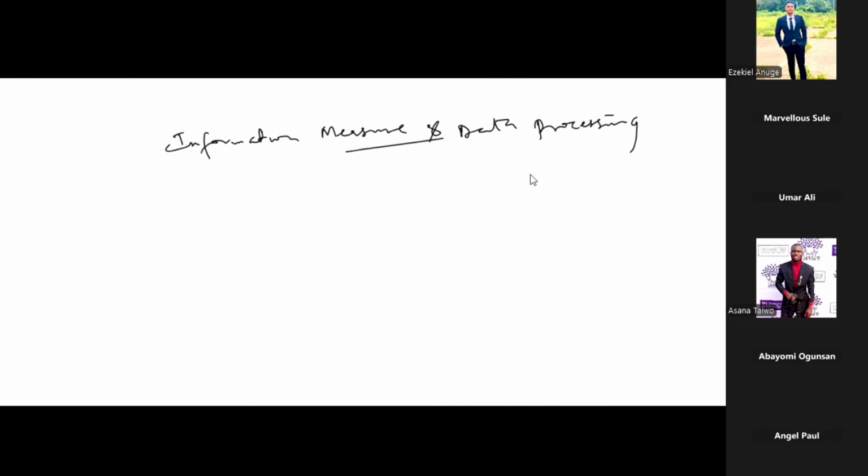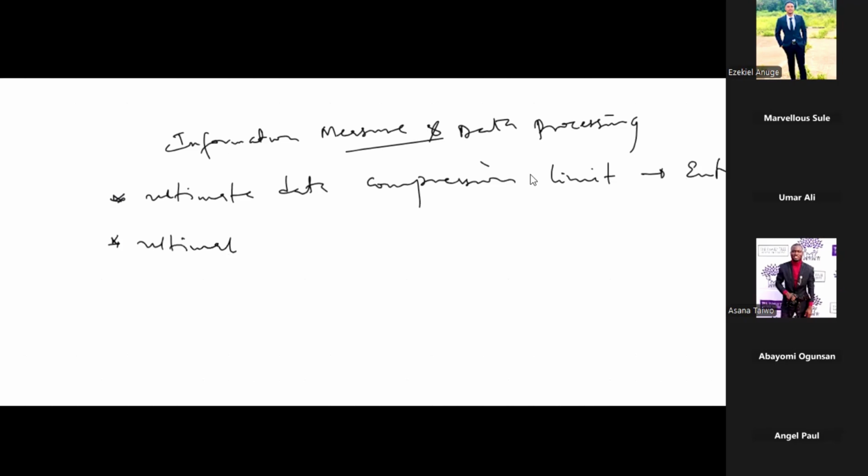The first is the ultimate data compression limit, for which we have to evaluate the entropy, H. And then the second limit is the ultimate data transmission limit, for which we have to evaluate the capacity of the channel.